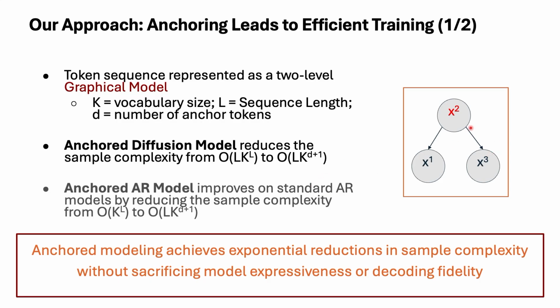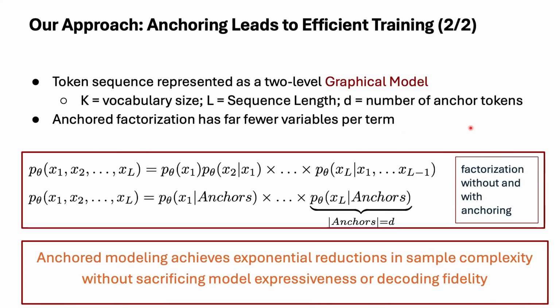Then you can easily show that anchoring leads to an exponential reduction in sample complexity. The reason is very simple to see. Any language model is essentially trying to learn a joint distribution. You've got tokens x1 through xL, and you're trying to learn a joint distribution over x1 through xL.